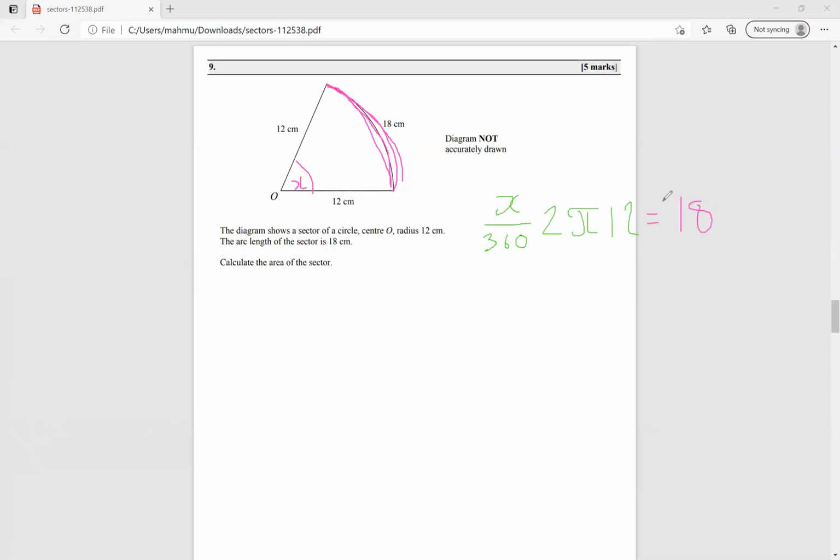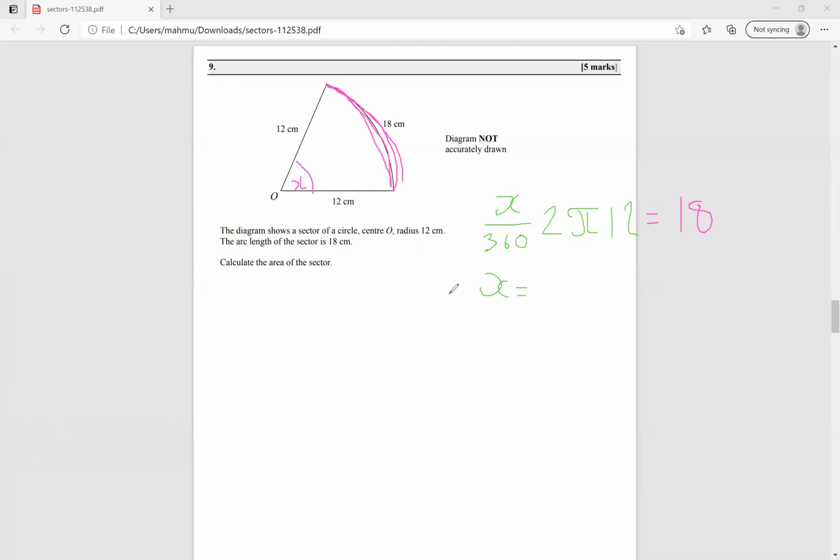Now, using this, find x. Using all this, rearrange it and make x the subject for me. So rearrange this whole thing and make x the subject. I don't know, I haven't got a clue what you're doing.